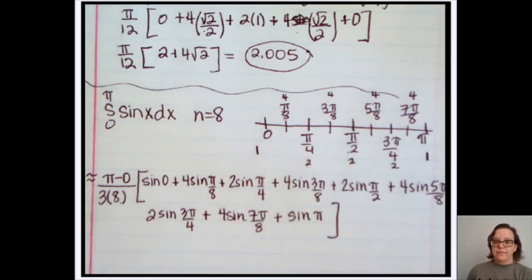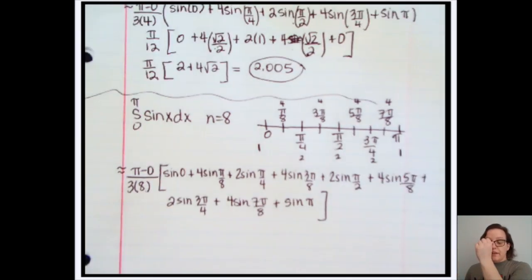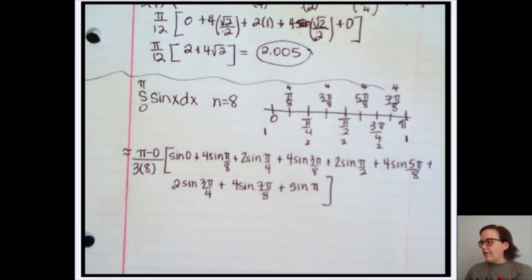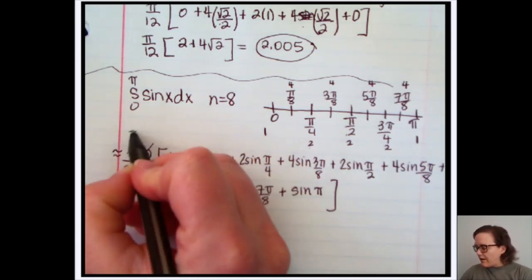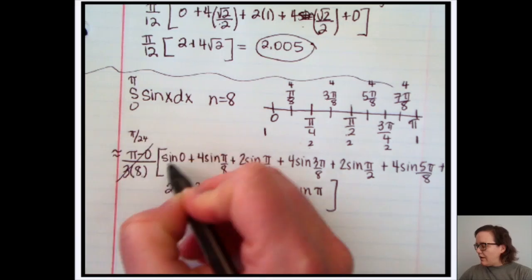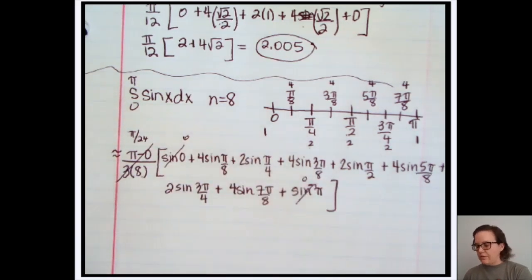Okay. Now, I would probably just put this all in my calculator, because again, pi over 8 are ones that we don't know without using that half angle rule. Okay, so let's go ahead and put it in our calculator. I do know that this is pi over 24. I also know this is 0 and that's 0.